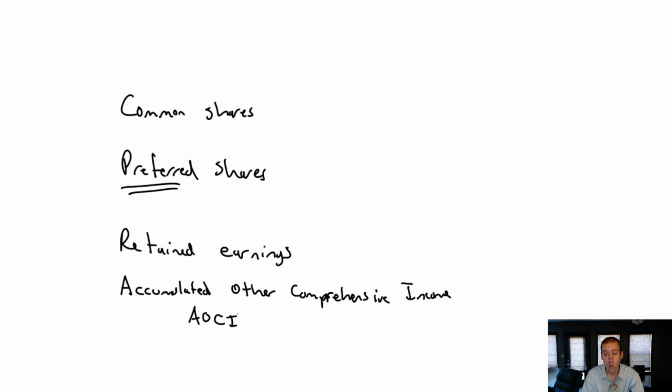But I don't really wish to touch on those topics in this video. So these are the fundamentals, and really these three and these two far and away are the fundamental pieces of equity. But I would certainly expect you to have a decent understanding of what those terms mean as well.